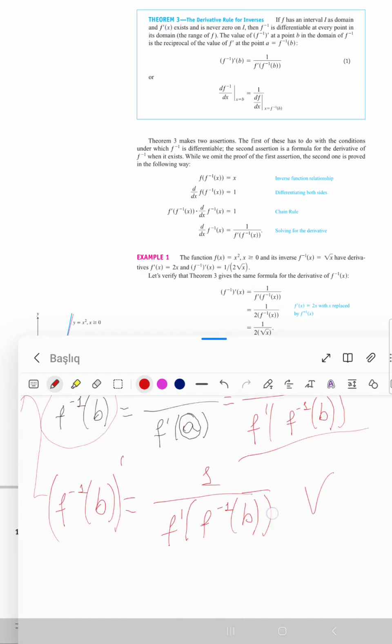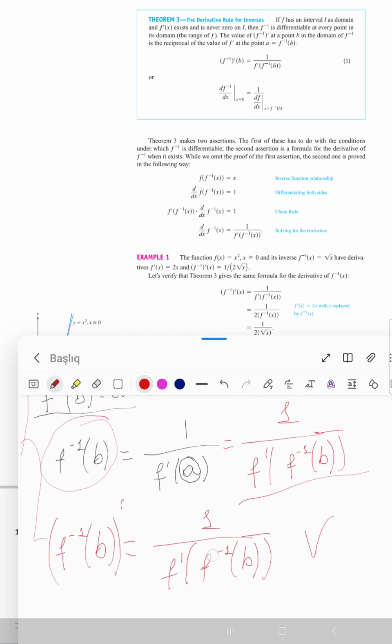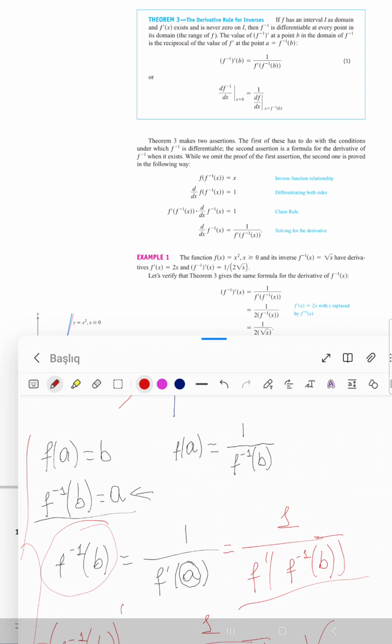When you show it, it's obvious, because if we put f inverse b in here, you will get b. Yes, let's take the derivative of both sides. d over dx of f of f inverse x equals the derivative of x, and it's 1, obviously.